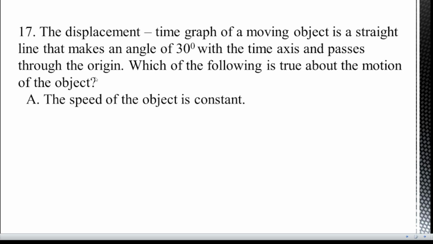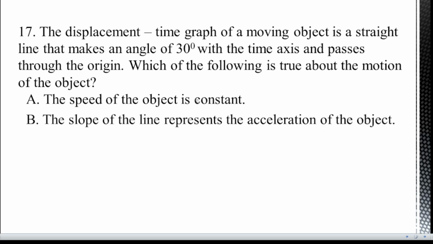Look, alternative A says the speed of the object is constant. The speed of the object means the slope of the graph in this case. Yes, the slope. Since the slope is constant, the speed of the object is constant. Definitely.